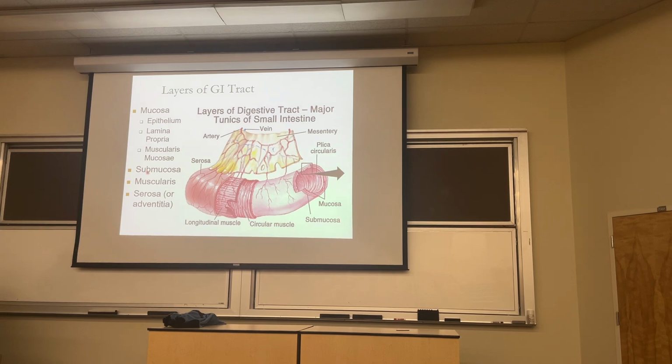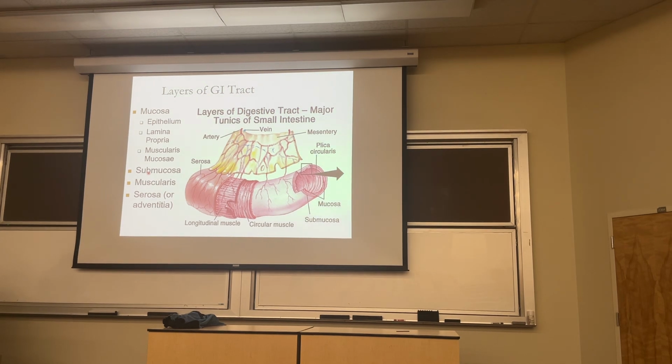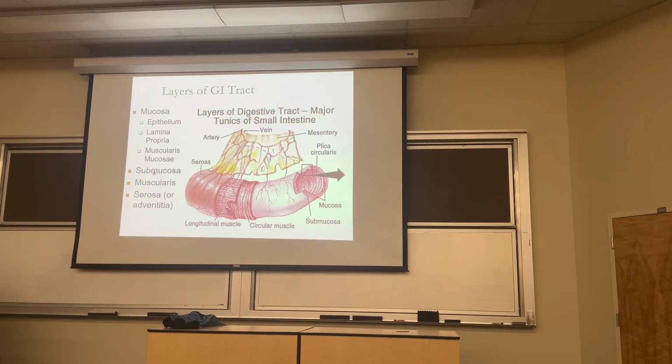The submucosa is connective tissue. And again, most commonly, it's dense irregular connective tissue. The lamina propria tends to be loose connective tissue. So there are some differences there, depending on the region that you're in.